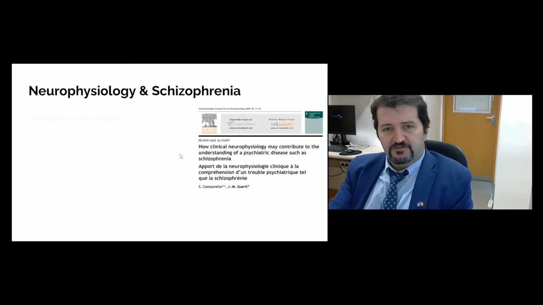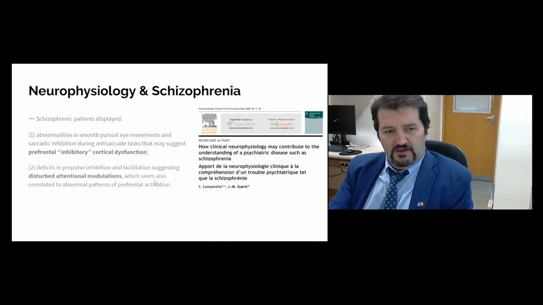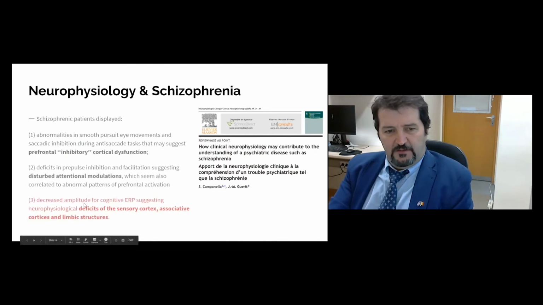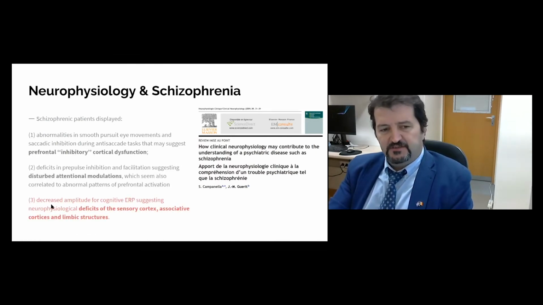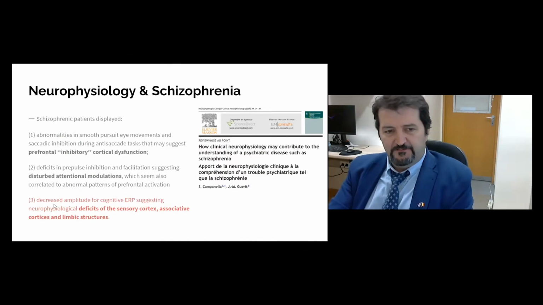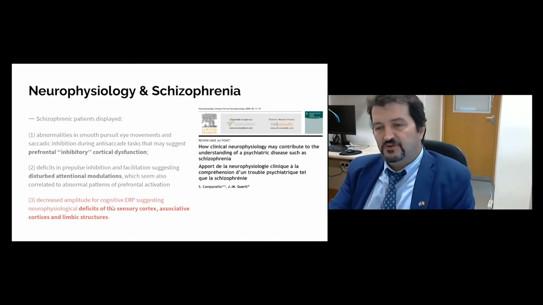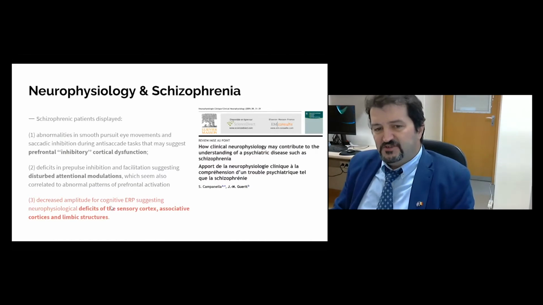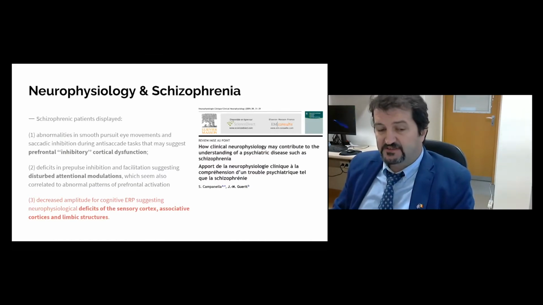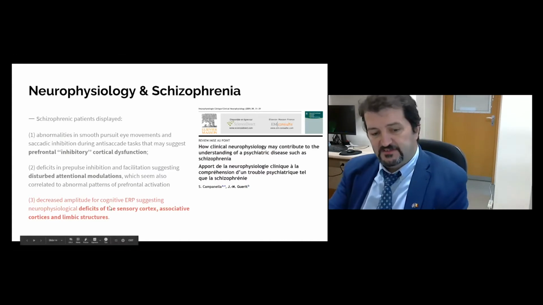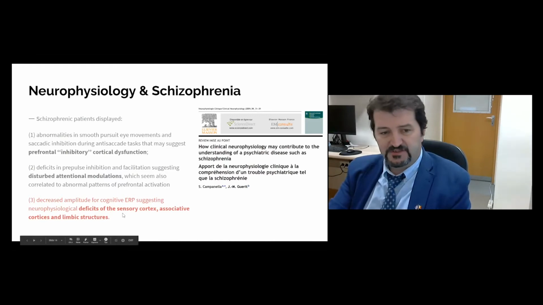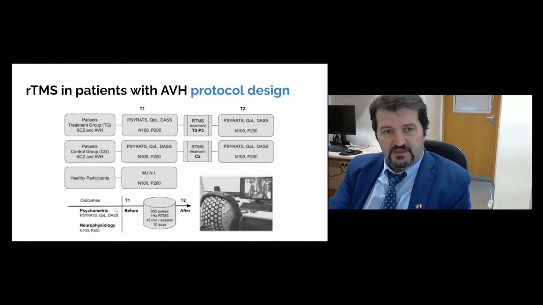So from neurophysiology and schizophrenia, we know that in a baseline condition, the patient showed decreased amplitude for cognitive event-related potentials, suggesting a neurophysiological deficit of the sensory cortex. So this is important for this study we did, and we are still doing because we just started it.